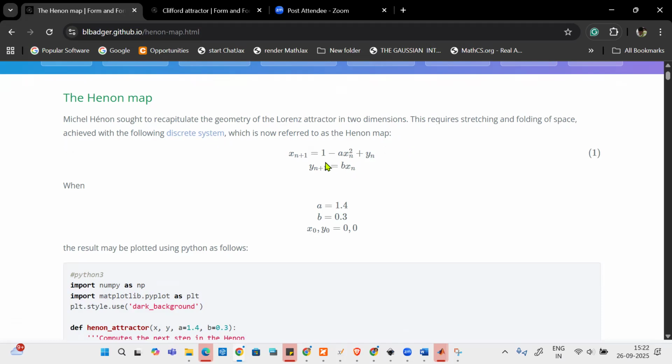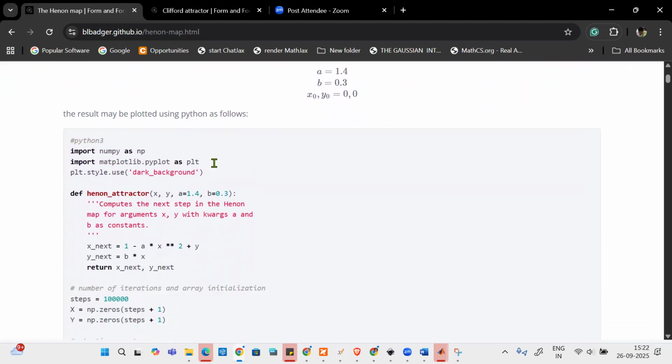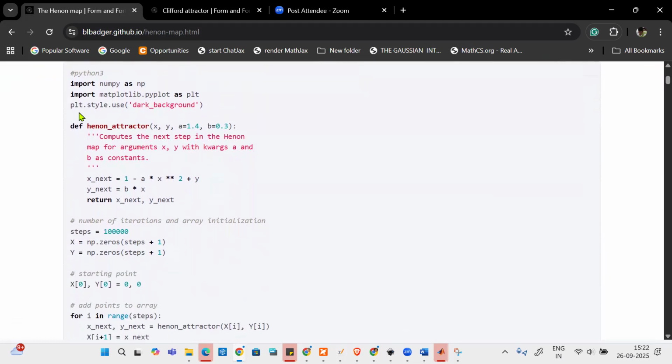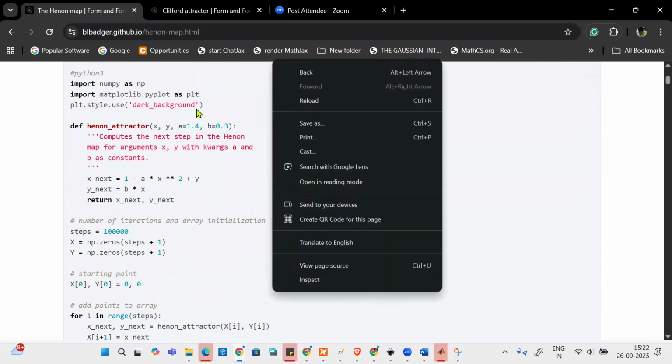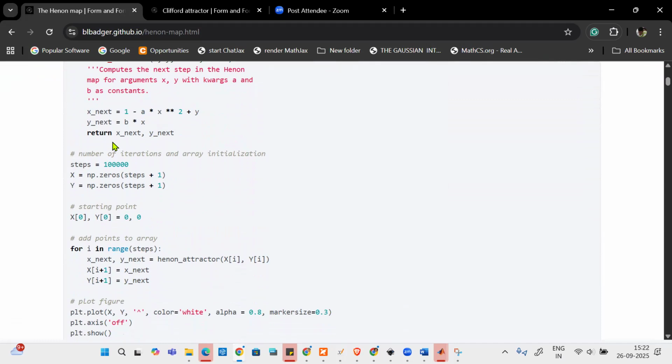I already showed you this, and we took these parameters also, right? They are plotting using Python, with matplotlib and plt in a dark background, and you can look into this code. You can see they are iterating that same map, returning the next point every time they iterate.